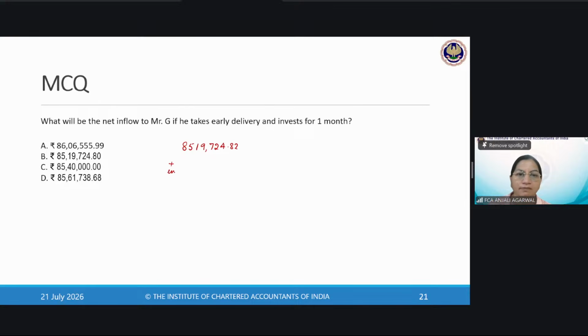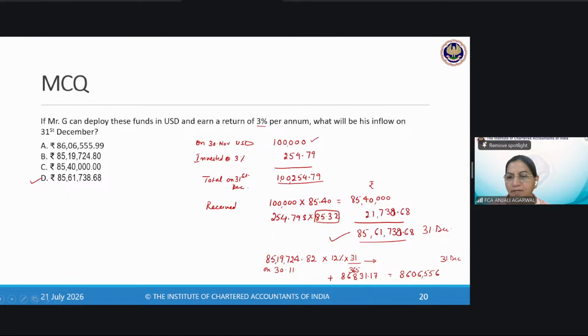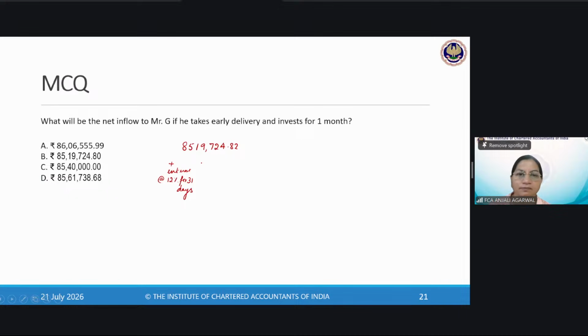Plus interest at the rate of 12% for 31 days, which comes out to be 86,831.17, and your inflow is 86 lakh 6,555.99.